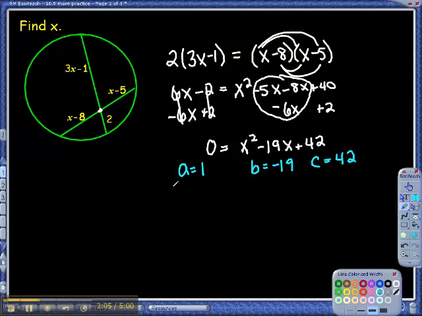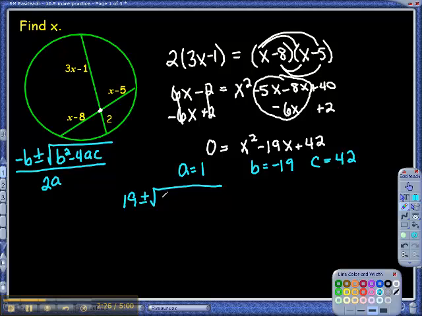So if I put this into the quadratic formula, the opposite of b would be a 19. And again, if you forget that formula, it's the opposite of b plus or minus the square root of b squared minus 4ac, all over 2a. So that opposite of b would be my positive 19, plus or minus the square root of our b squared.